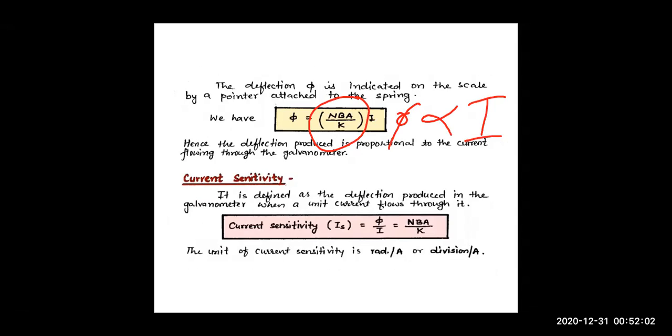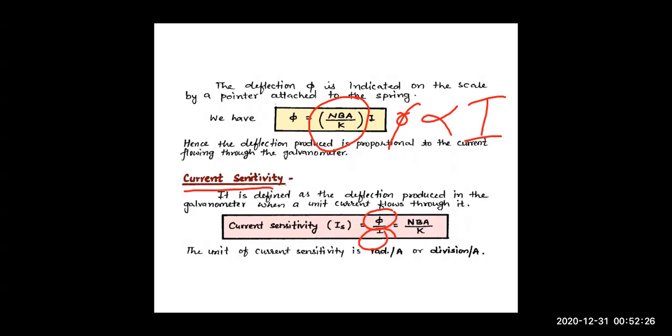Now, children, there are two parameters on which it depends how precisely the galvanometer is going to measure the current. First is the current sensitivity. Current sensitivity means: for a very small current, does the galvanometer show deflection?